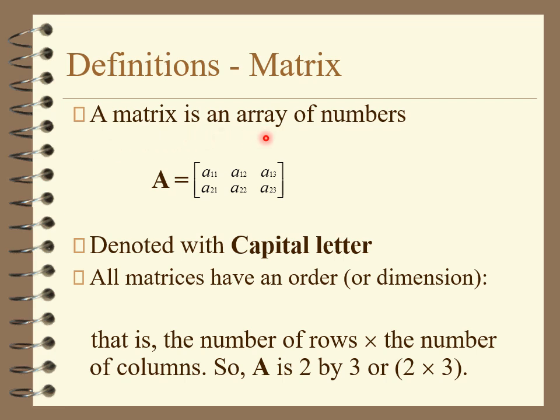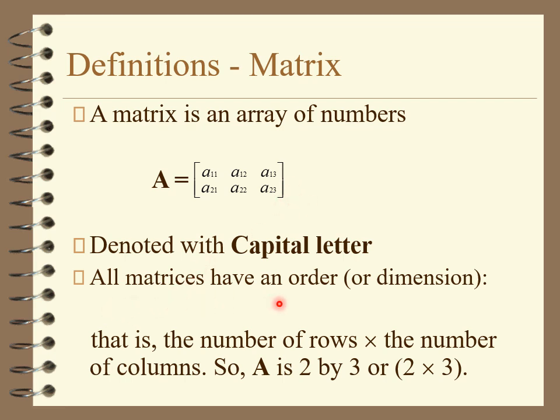A matrix is an array of numbers, or as we said before, variables or constants, denoted with a capital letter. We always use a capital letter for a matrix, and it is enclosed between square brackets.